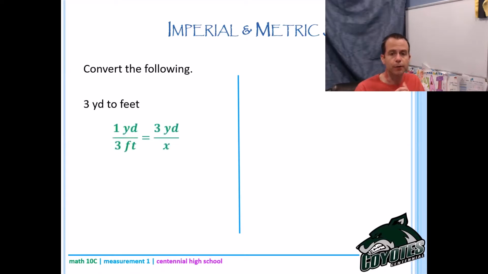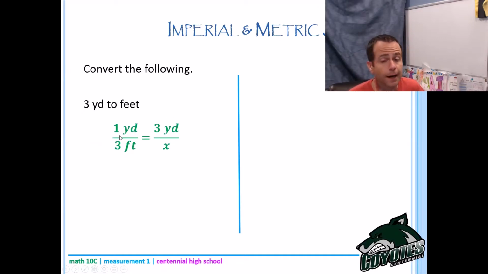So for the first one, I find my conversion factor. My conversion factor, which I've written right here, is 1 yard is 3 feet. So I wrote that as a fraction, 1 yard over 3 feet. And I set it equal to another fraction. This is called a proportion. Okay, and in the other fraction, I know my yards, but I don't know my feet. So what's important when you set these guys up is if yards was on the top here, yards has to be on the top here.